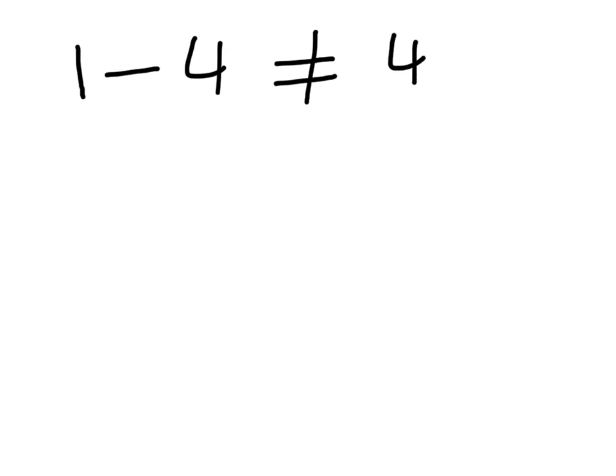Let's take subtraction, for example. If I have 1 minus 4, it is not the same as 4 minus 1 if you flip the numbers. Actually, wait, I made a mistake. Hold on a second.